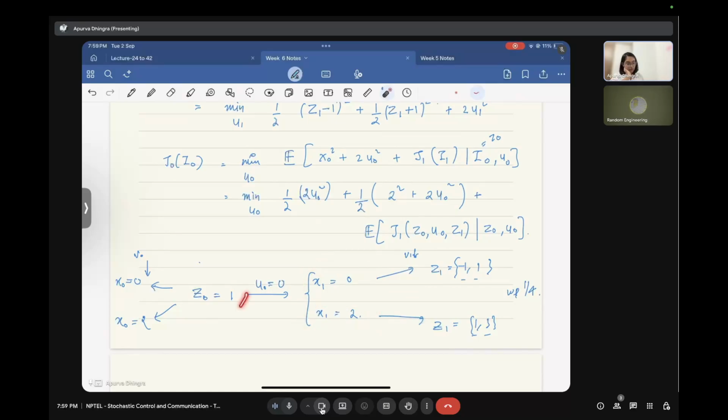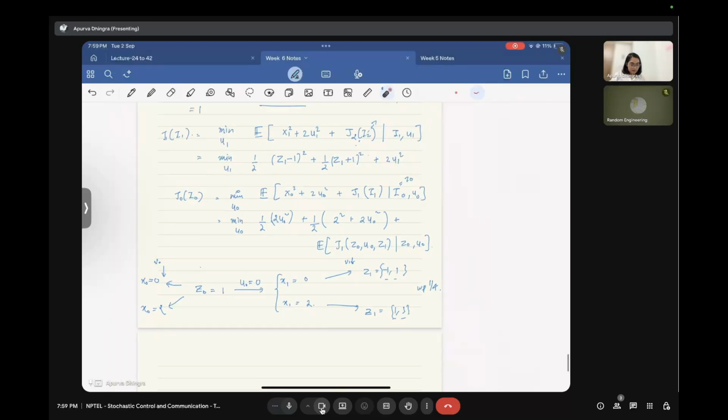Assuming this is the action you've chosen and this is the observation you had, and then if you want to find out what Z1 is, any of these values are of the same probability, half of this, which ends up being 1/4. You can do this more carefully the same way Sir did. It should turn out to be 1/4.